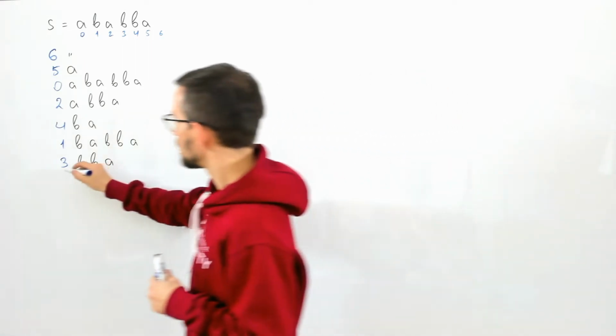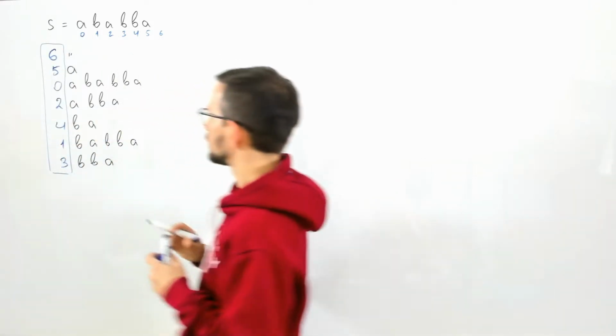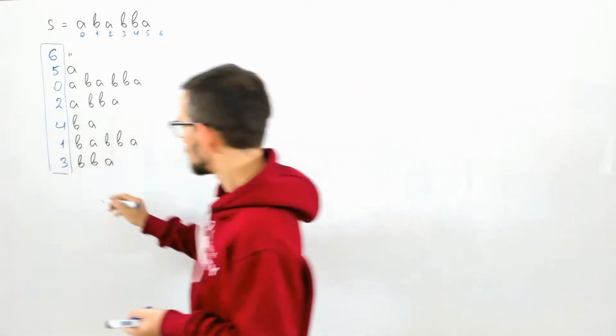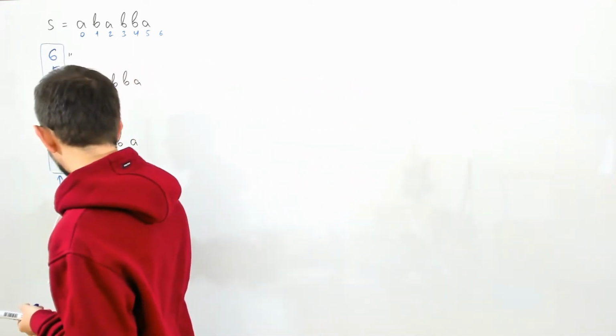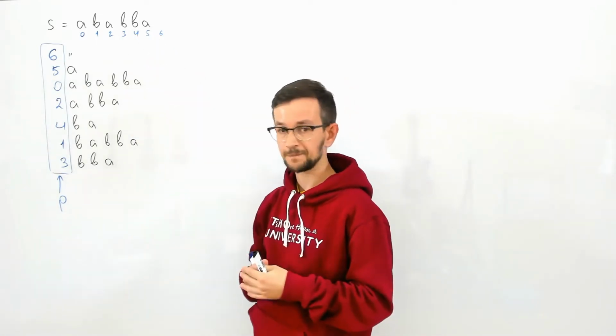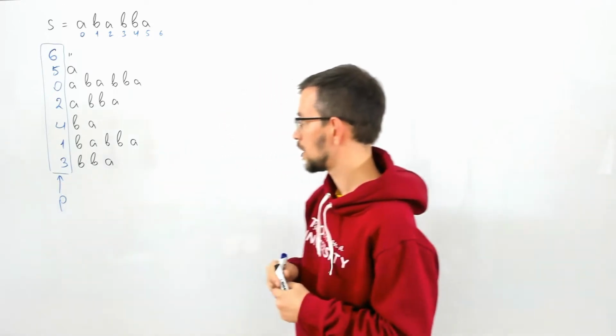So this array of integers corresponds to the suffix array of the string. This array will be the suffix array of the string s. So how do we build this array of integers?